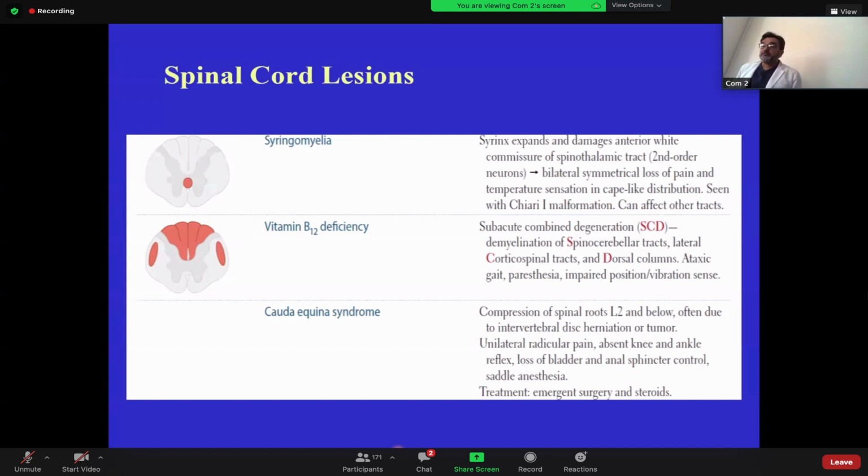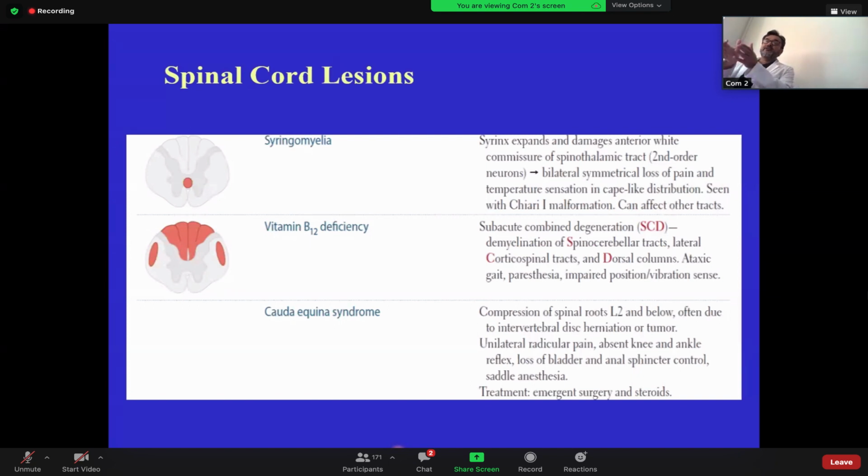There would be bilateral symmetrical loss of pain and temperature sensation because there is lamination of the fibers in the spinothalamic tract. The medial fibers represent the upper part of the body. The lateral fibers represent the lower part of the body. So there would be initially an effect on the upper part of the body. The upper limbs would be more affected and the lower limbs would be spared.